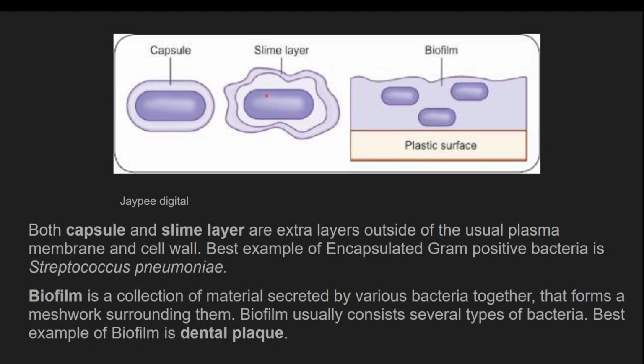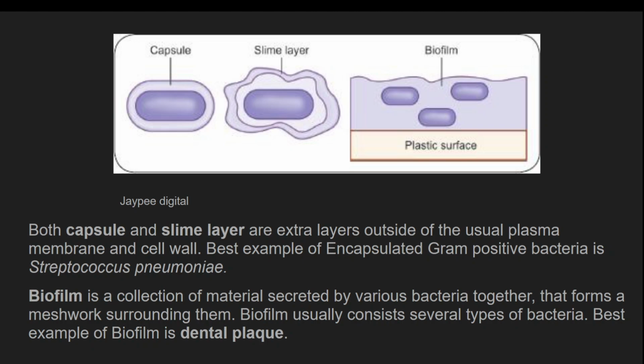Now let's talk about what capsule, slime layer and biofilms are. Both capsule and slime layer are extra layers which are usually found outside your cell wall. The best known example is that of Streptococcus pneumoniae, the causative agent of pneumonia, the disease in which fluid fills inside of your lungs due to the infection.